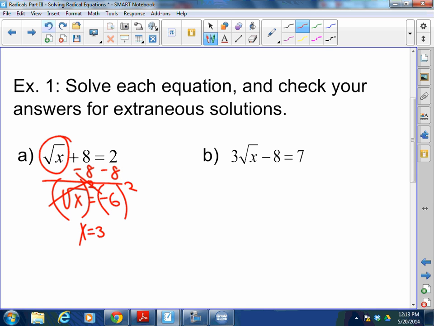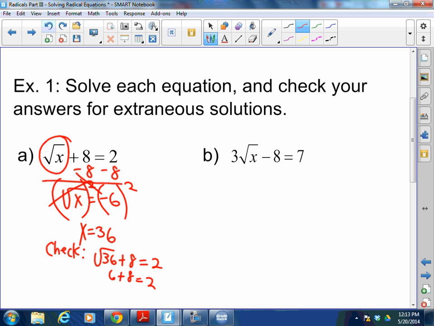So x equals 36. Most people are going to say, okay, I'm done, bye-bye. You would get this wrong. When you go ahead and check this, my friends, you plug it back in. Square root of 36 plus 8 has to equal 2. Well, what's the square root of 36? Does 6 plus 8 equal 2?